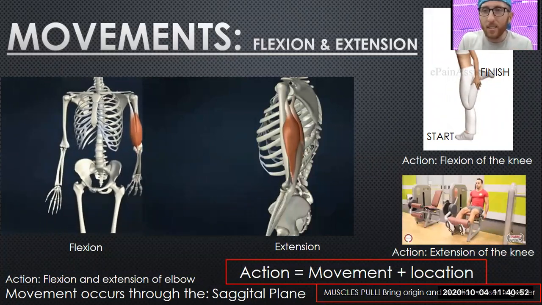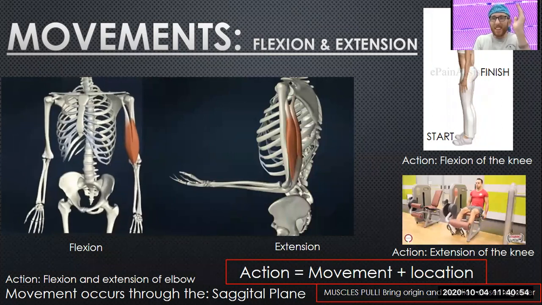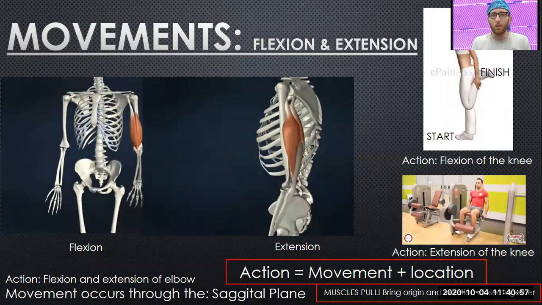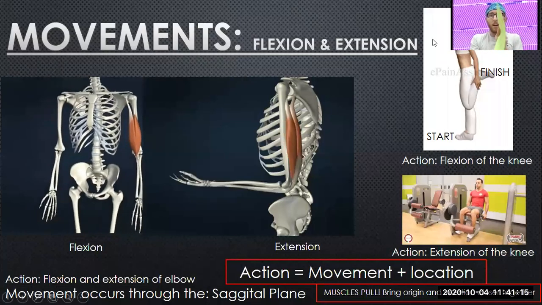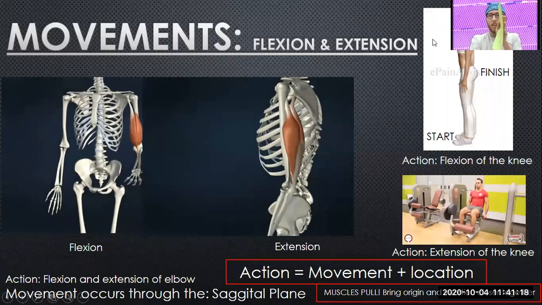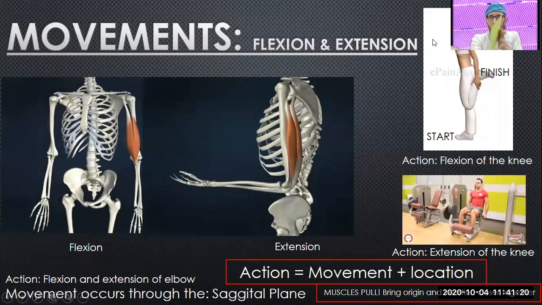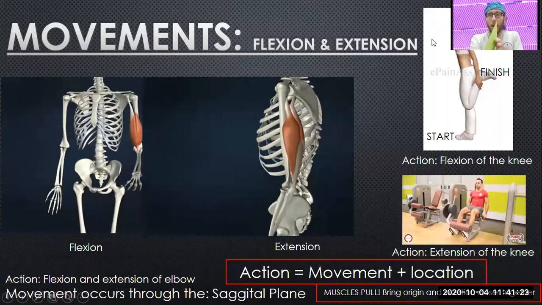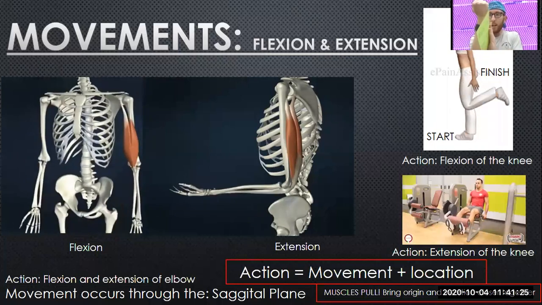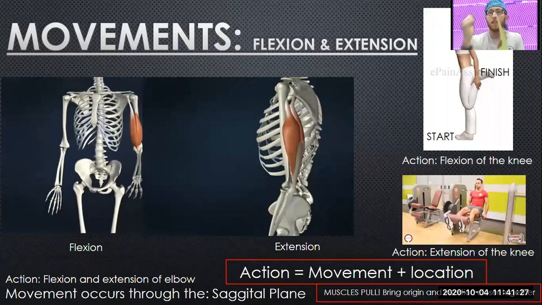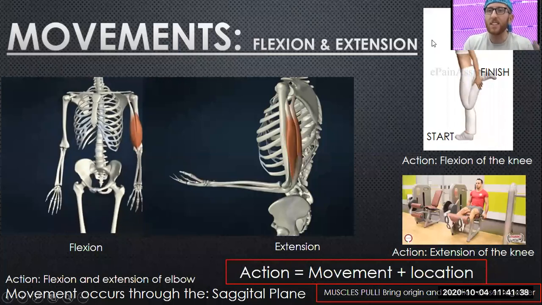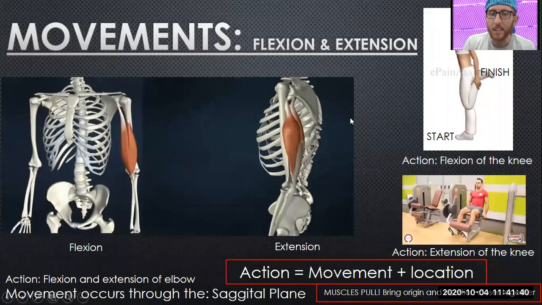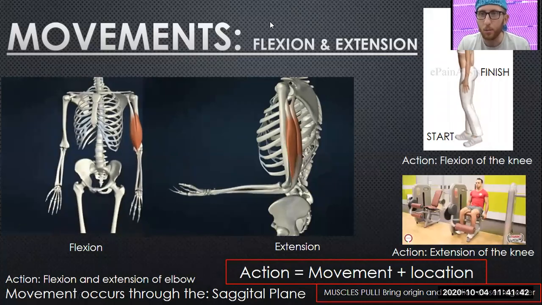And by parallel to the sagittal plane, we mean it's in line with that sagittal plane. So if I took a piece of paper like this and I held it up in line with the sagittal plane, and then I performed flexion and extension, that movement would travel parallel to that piece of paper. So we say flexion and extension occurs in the sagittal plane or parallel to the sagittal plane.